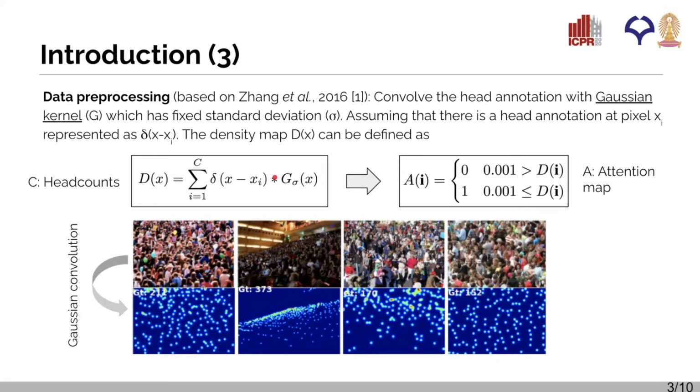Assuming that there is a head annotation pixel xi represented using delta function, the construction of density map can be formulated as this equation, and then we will later calculate the attention map for highlighting the crowd regions by thresholding on the generated density map.